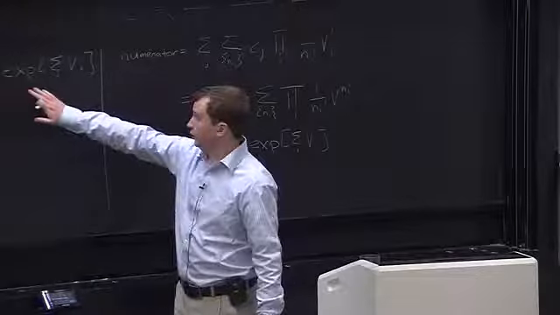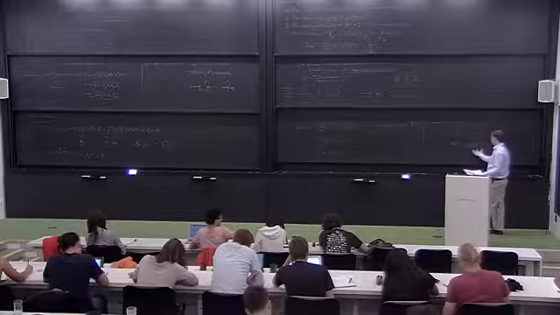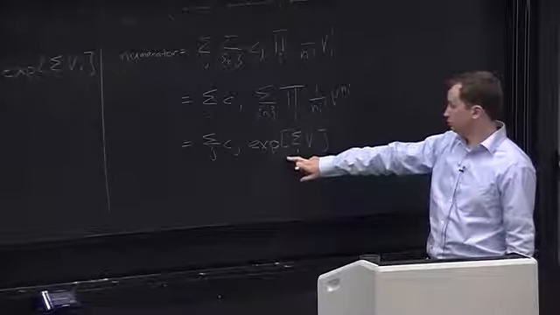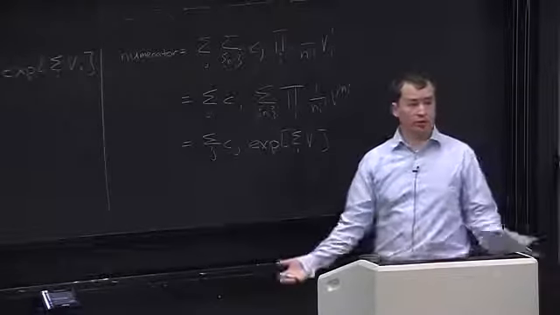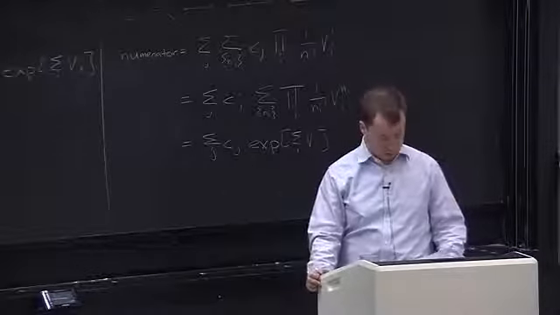So if we are computing the Green's function, we want the ratio of these two things. And we can just cancel off this exponential, the sum of vacuum diagrams. And so there's no reason to compute the vacuum diagrams if we're just interested in computing the Green's function.